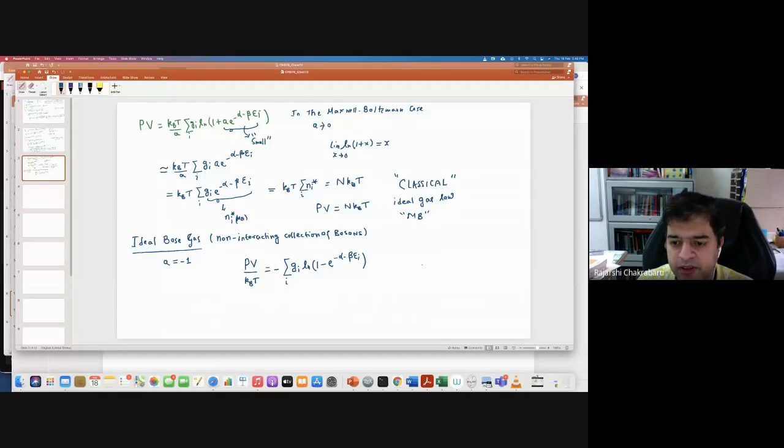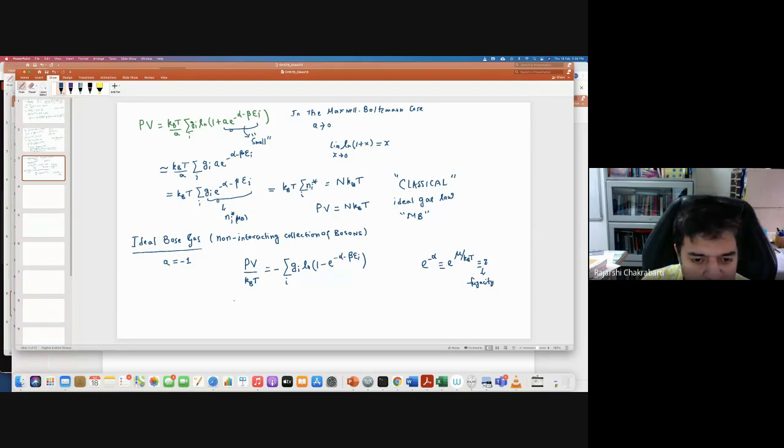So let us define something. We know alpha, which is exponential of mu by kBT, and this I'm calling small z, and this is called fugacity. Let us define this fugacity.